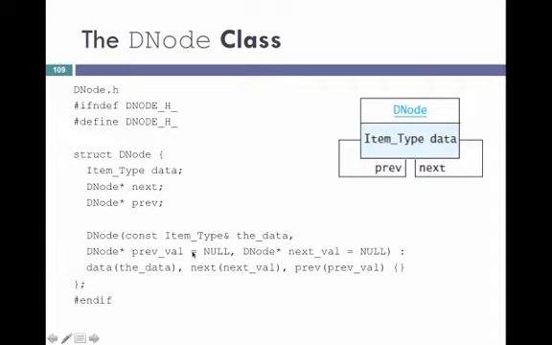And notice these are optional parameters. This equals null means that if someone calls the constructor and doesn't provide these parameters, then they will be assigned null by default. And then here's an initialization list where we initialize the 3 fields in our structure.